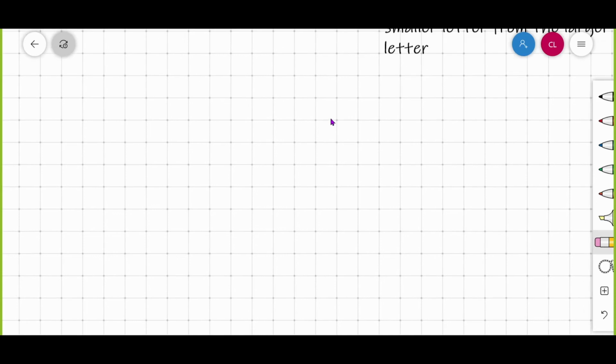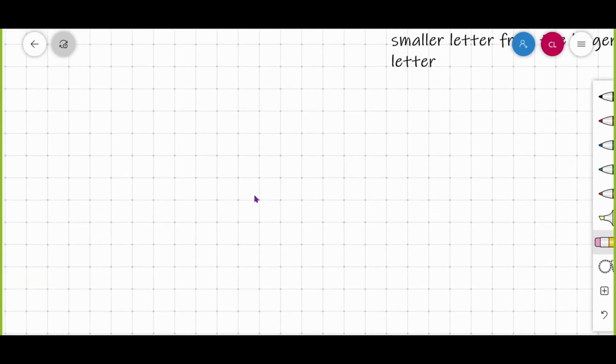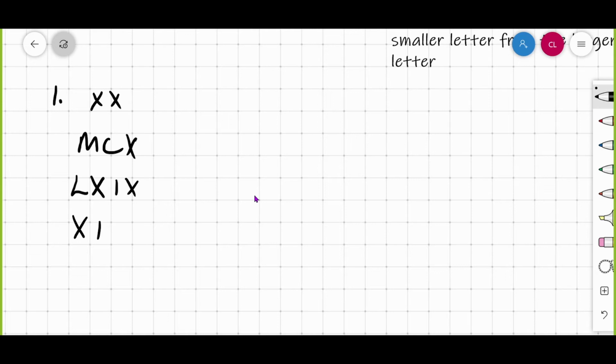So let's go to the activity now. For number 1, we have XX, MCX, LI, then we have XIX.